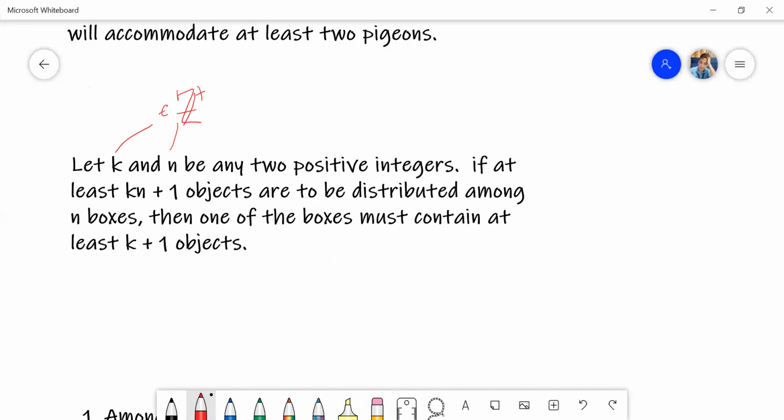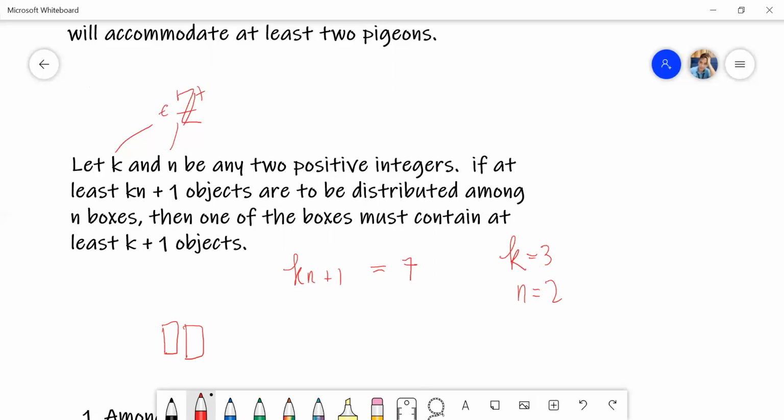So to figure these things out, let's consider a few values of kn plus 1. Let's say this is 7. So I'll have k here as 3, n is 2. So I have two boxes here.